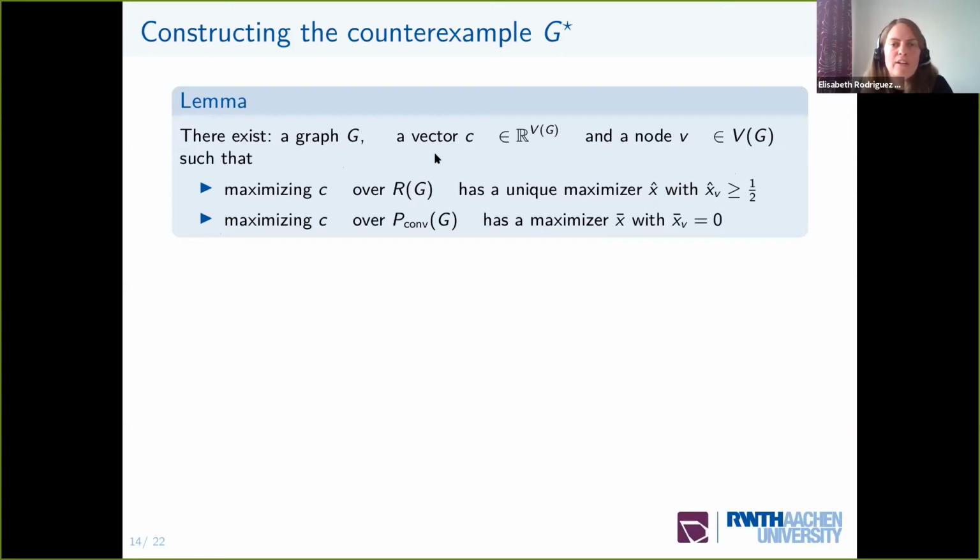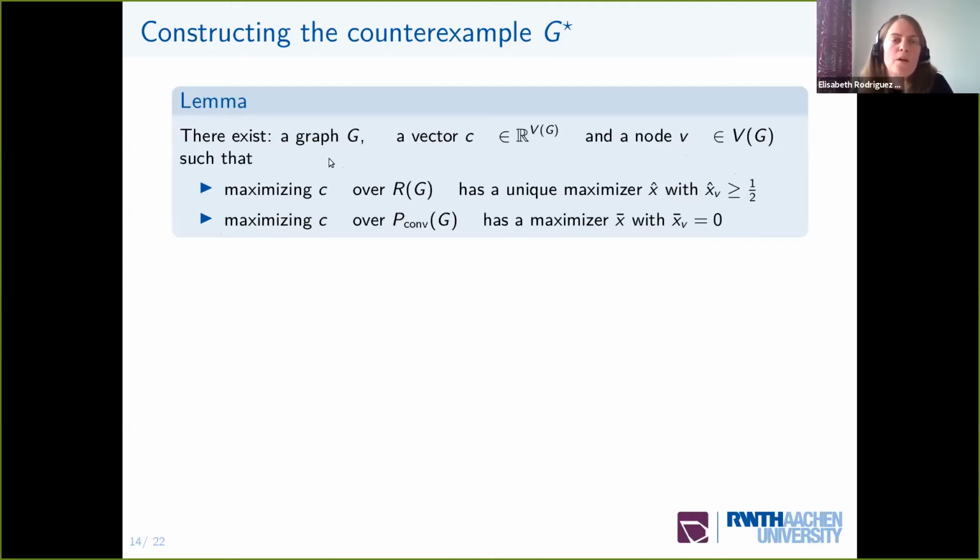And when we maximize C over the stable set polytope on G, we have a maximizer assigning value 0 to this particular node. I will not give all the details of the proof of this lemma. We can discuss it later if you want.